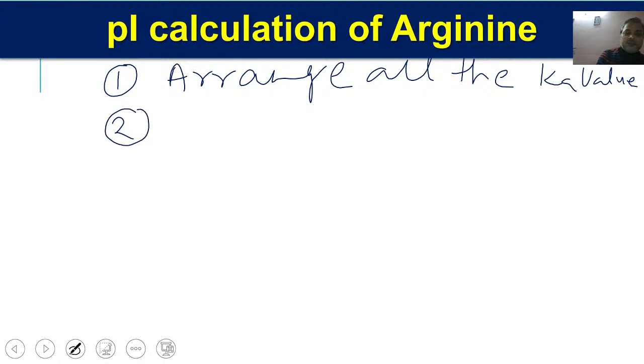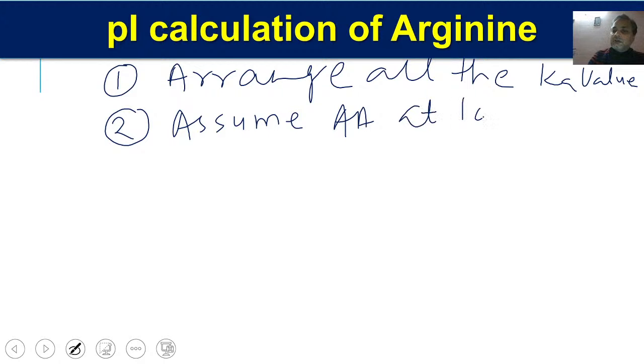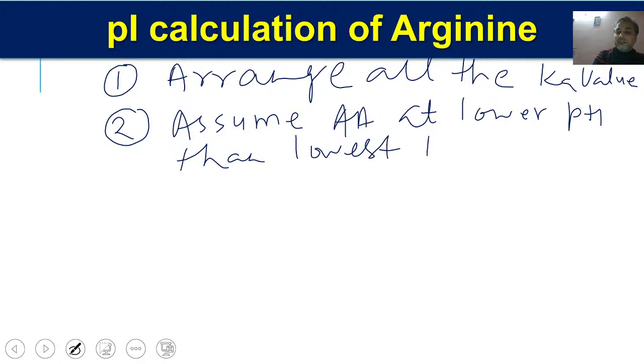Second, assume the amino acid at a lower pH than the lowest Ka.